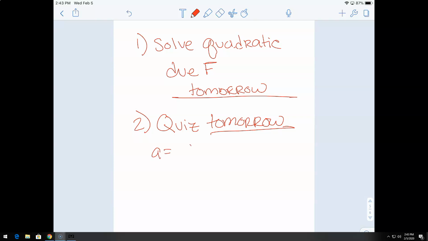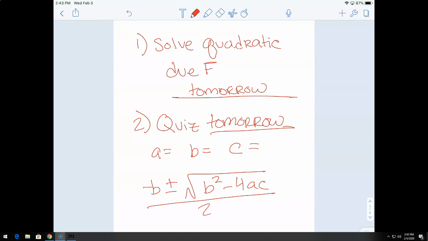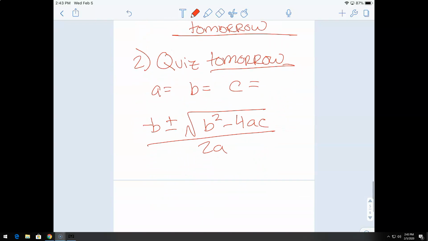On A equals, B equals, C equals, including the quadratic formula. So negative b plus or minus the square root of b squared minus 4 times a times c, all over 2a. You'll know that you'll be really good and you'll be fine for your quiz if you can do the problem 7x squared plus 52x plus 60.